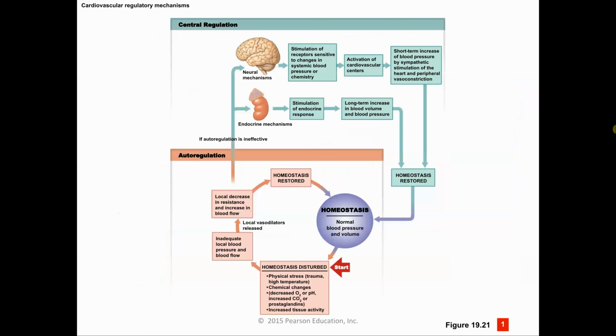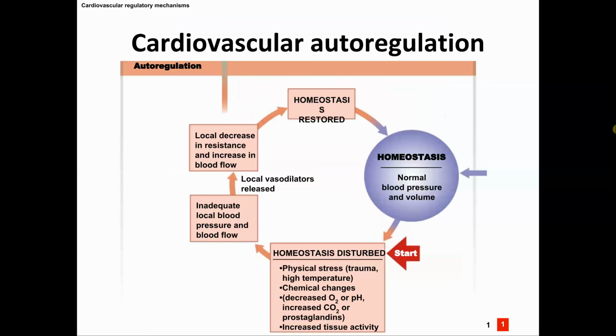I'm going to talk about regulation of the cardiovascular system involving both the heart and the blood vessels. So on the short term, we have auto-regulation. This is kind of like, locally we'll take care of it. We don't need the higher ups involved. We'll just get it taken care of right here.